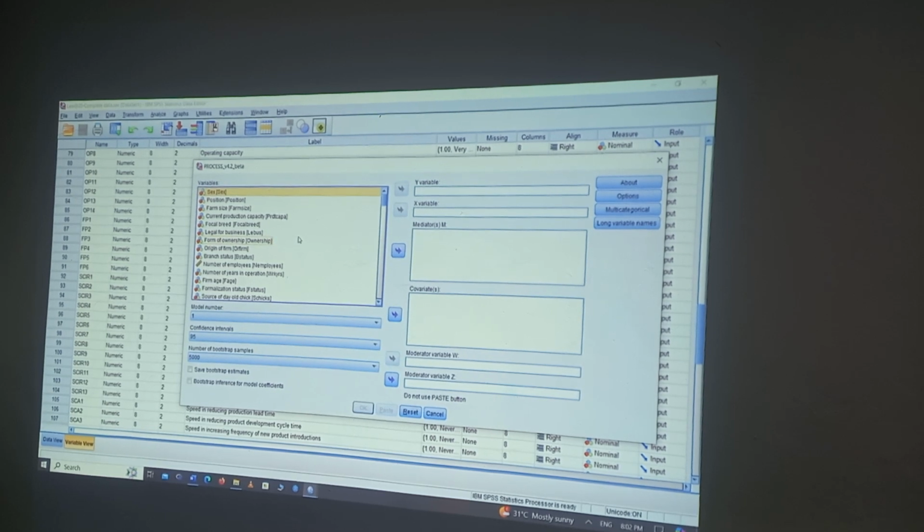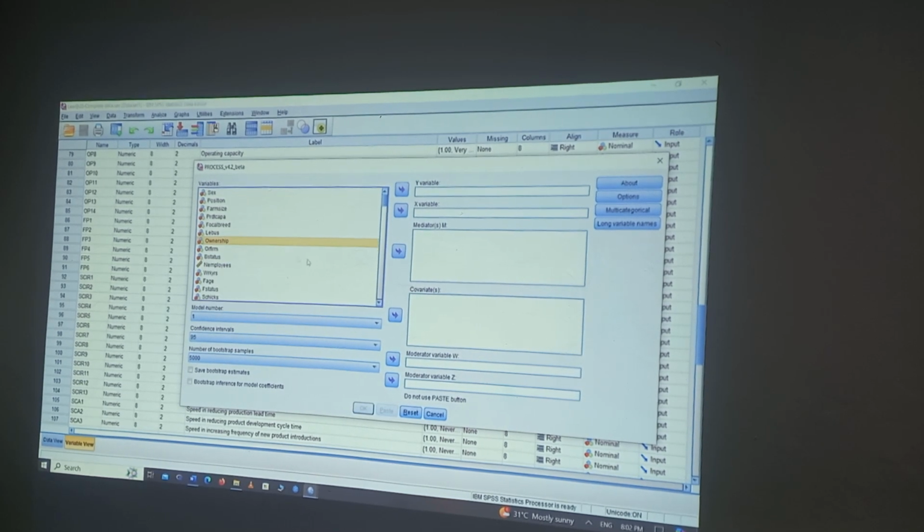Right click to display your variable names. So our dependent variable is what? FB6. So we select it and put it where the Y is. Okay. Then our X variable is the supplier integration.